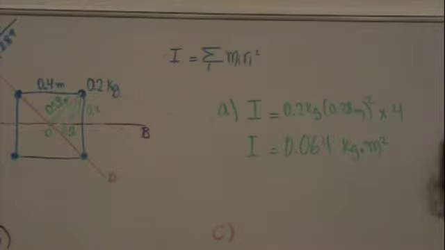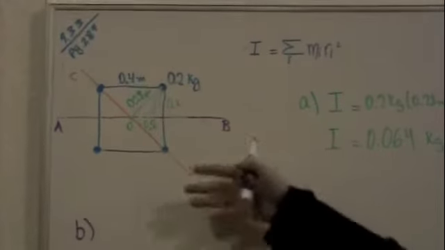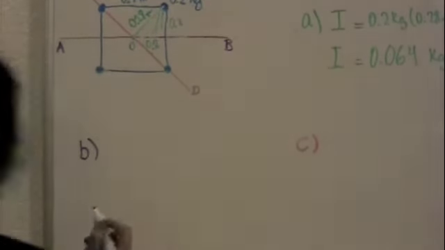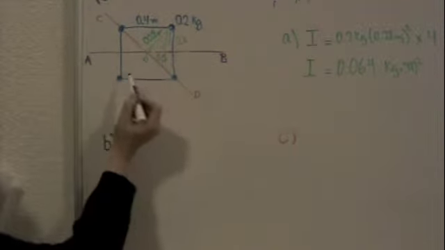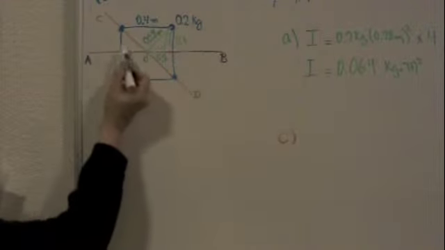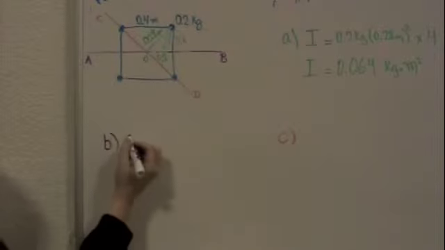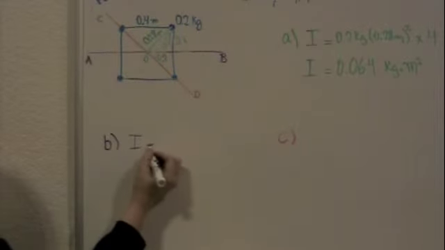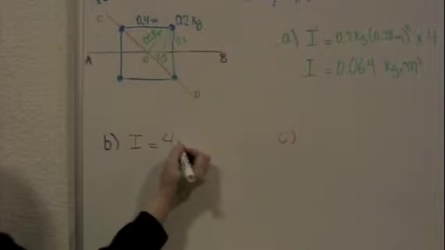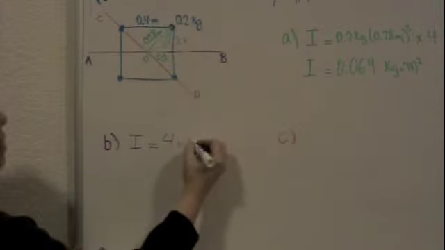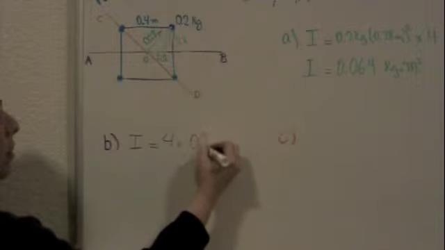Okay, now let me change colors and do purple. And we're going to compute the same thing, but now thinking about the AB axis. So with respect to the AB axis, notice that all of the masses are at a distance of 0.2 meters here, all right? So it will be 4 times, because all of the masses are equal and the distances are equal, so 4 times 0.2 kilograms.